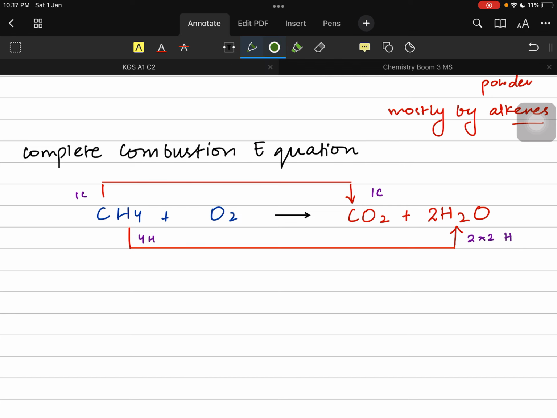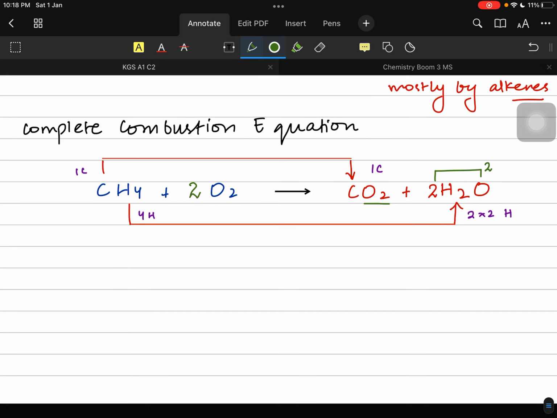You can see 2 oxygen atoms are here in the carbon dioxide, and 2 ones are 2 in the water molecules. So 2 in the water, 2 in the carbon dioxide, so it's a 4. You need to divide that 4 by 2 to give 2 oxygen molecules, because there's already a 2 over here for the diatomic nature. So no matter how many oxygen atoms you get on the right hand side, just divide that number by 2 and you will get the amount of oxygen on the left hand side.